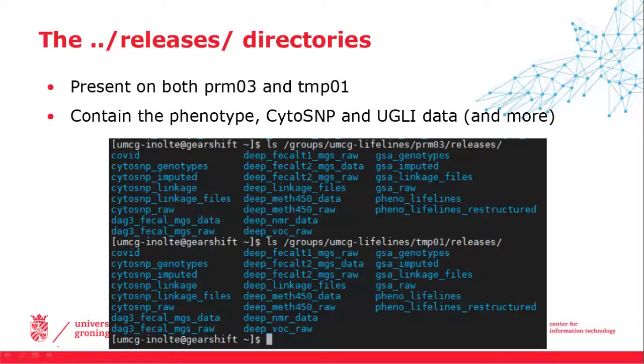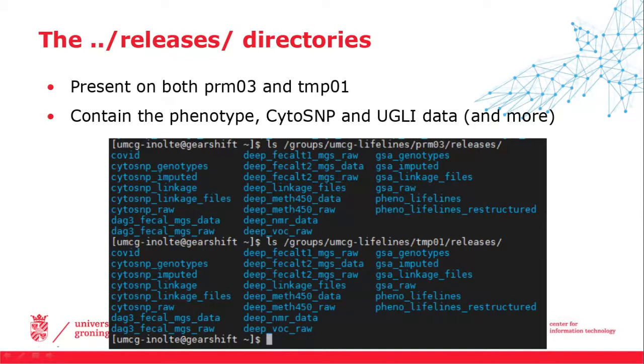Then there's a releases folder. Hope Ilya can say something about that one as well. Yeah, maybe I can do this one. So the releases folder is both in the permanent and the temporary subfolders. They contain all the Lifelines data.